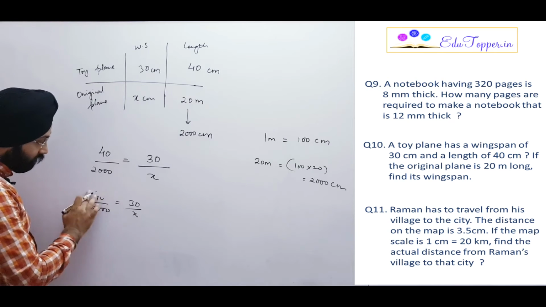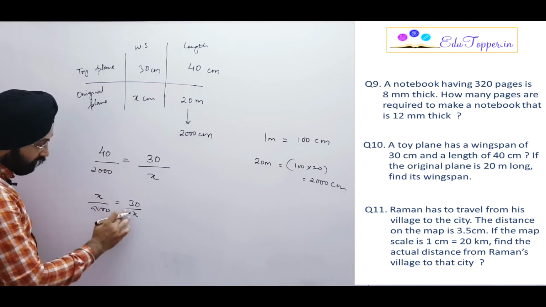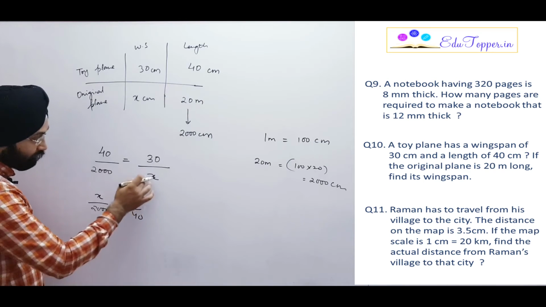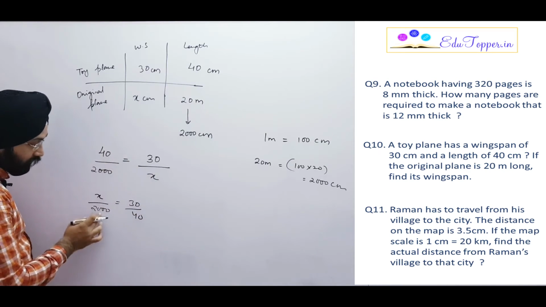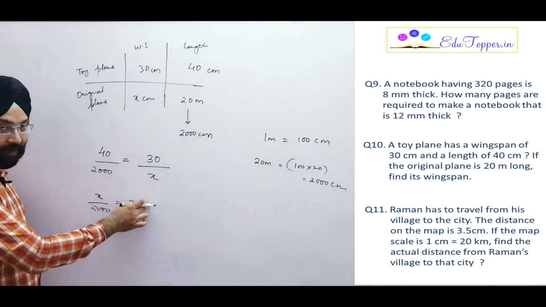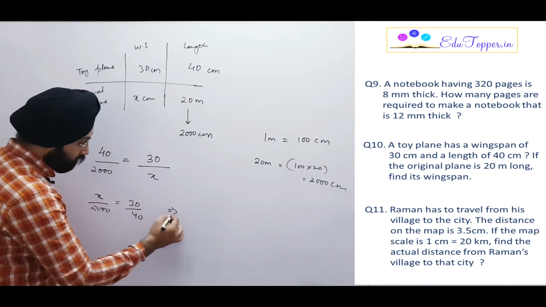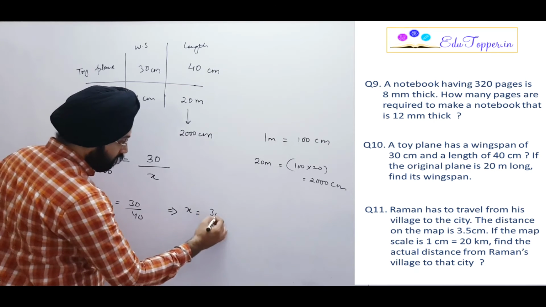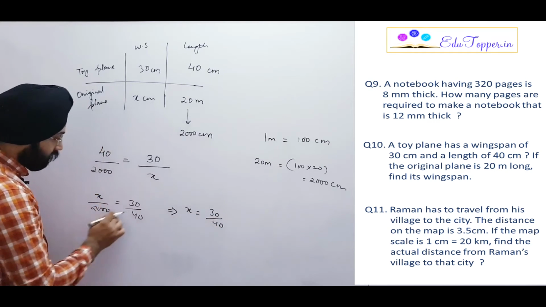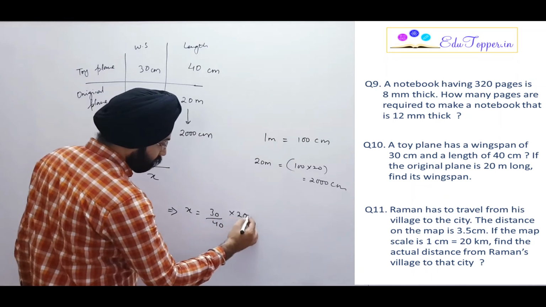X comes here and 40 comes here, right? By cross multiplication, x goes here and 40 comes here. Now this 2000 will get multiplied by this 30. All right. So x will be equal to 30 by 40 into 2000.